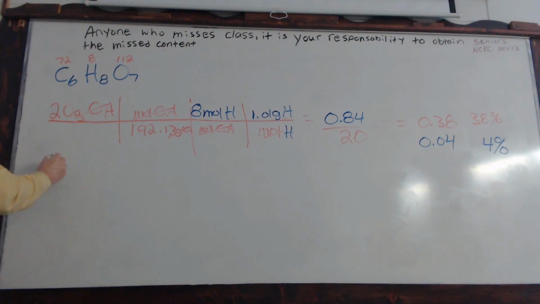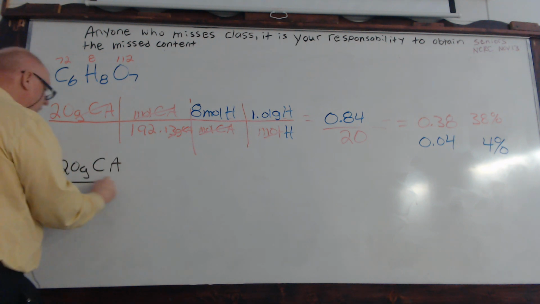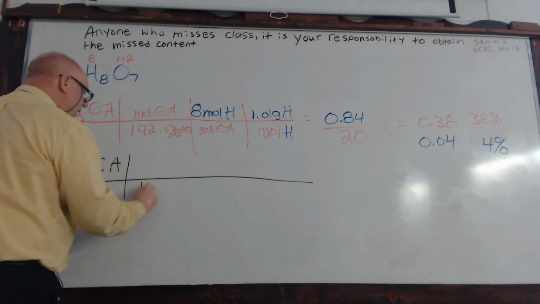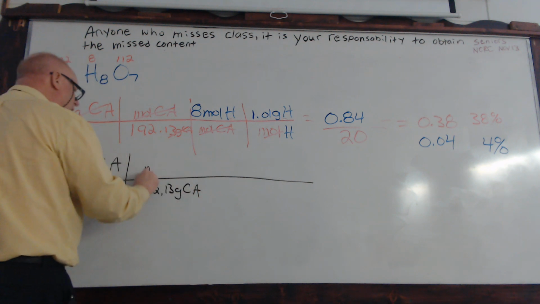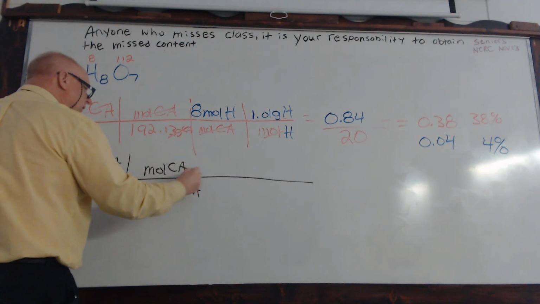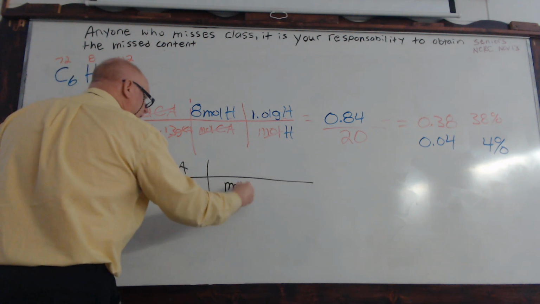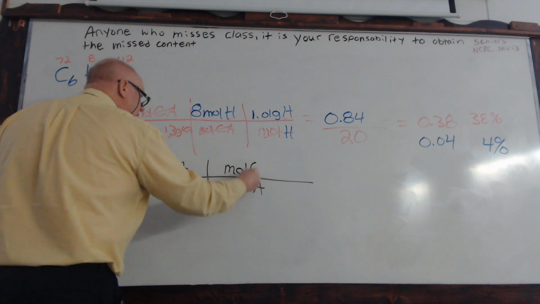Okay. But let's just look to see and confirm our results here. So we've got 20 grams of citric acid. Then for every 192.13 grams of citric acid, you get a mole of citric acid. Then for every mole of citric acid, you get a mole of oxygen.